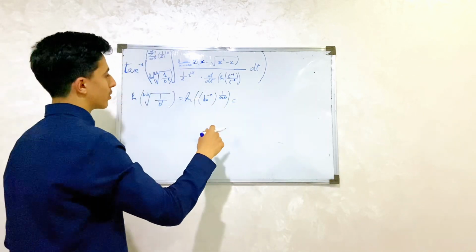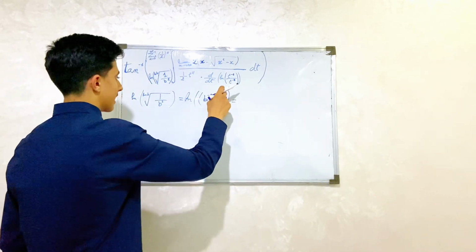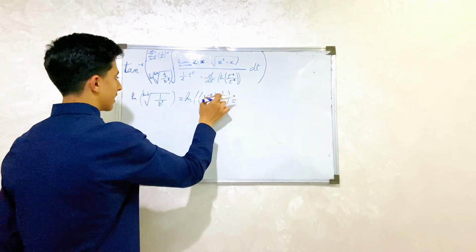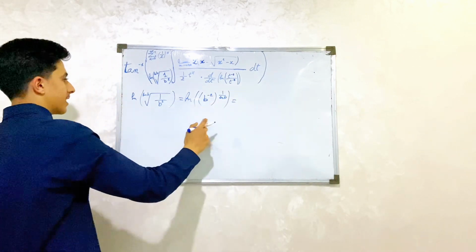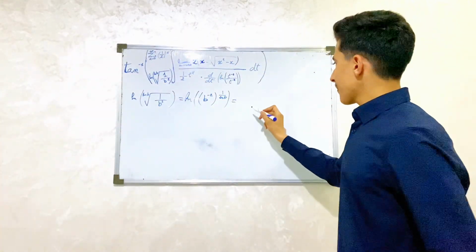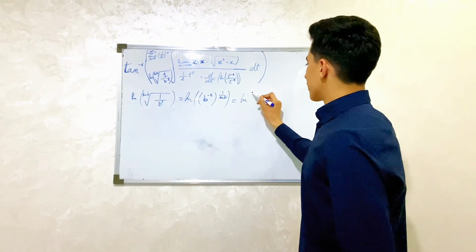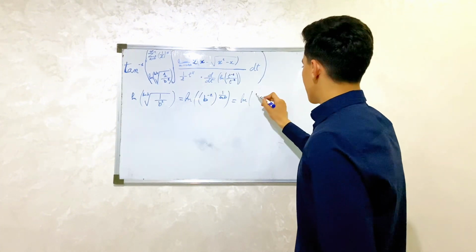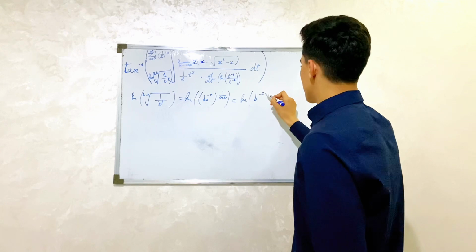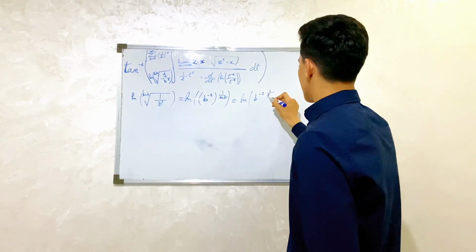Now, by power rules, we can multiply these two powers together, giving us the natural log of b to the negative 2 times 1 over ln b.